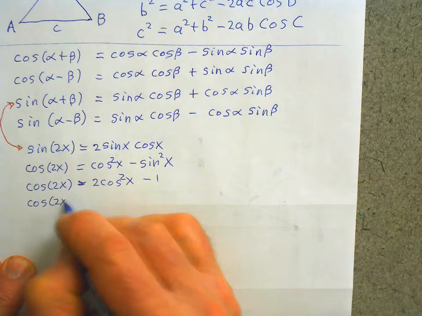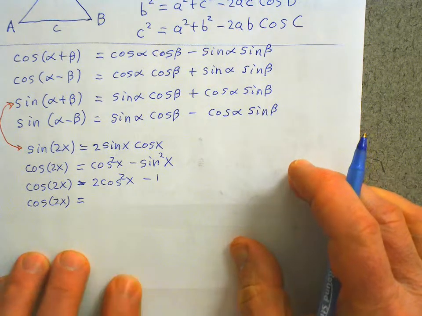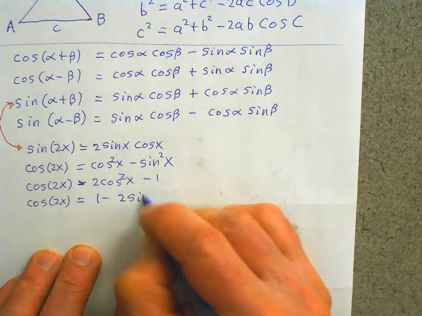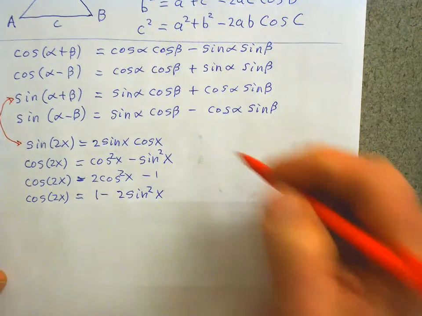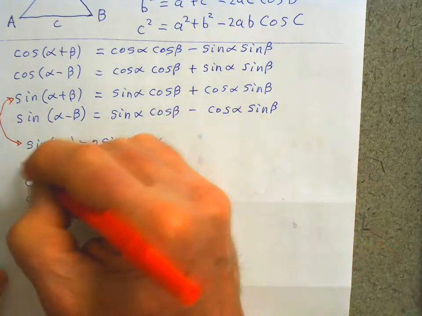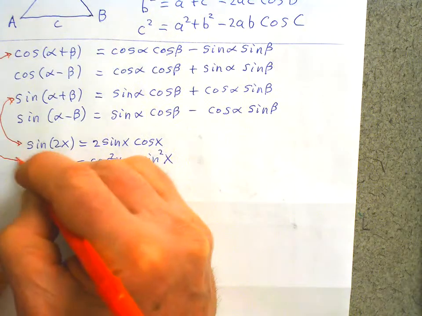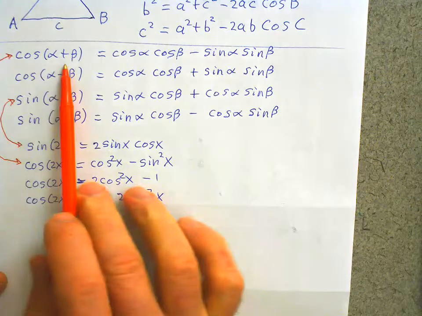And a third one is 1 minus 2 times sine squared x. But this first one is directly derived from the cosine of alpha plus beta.